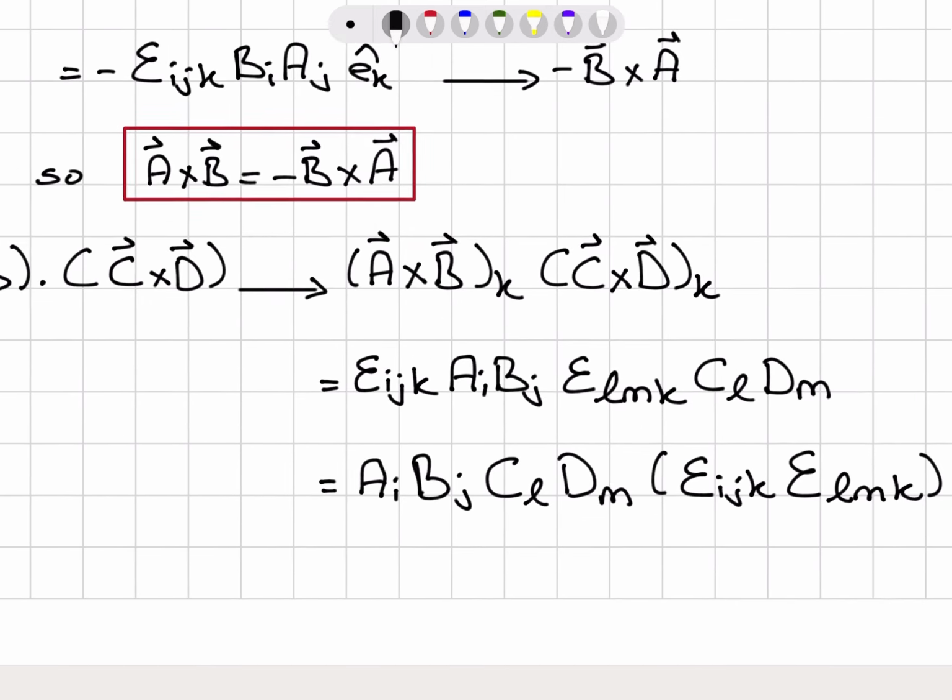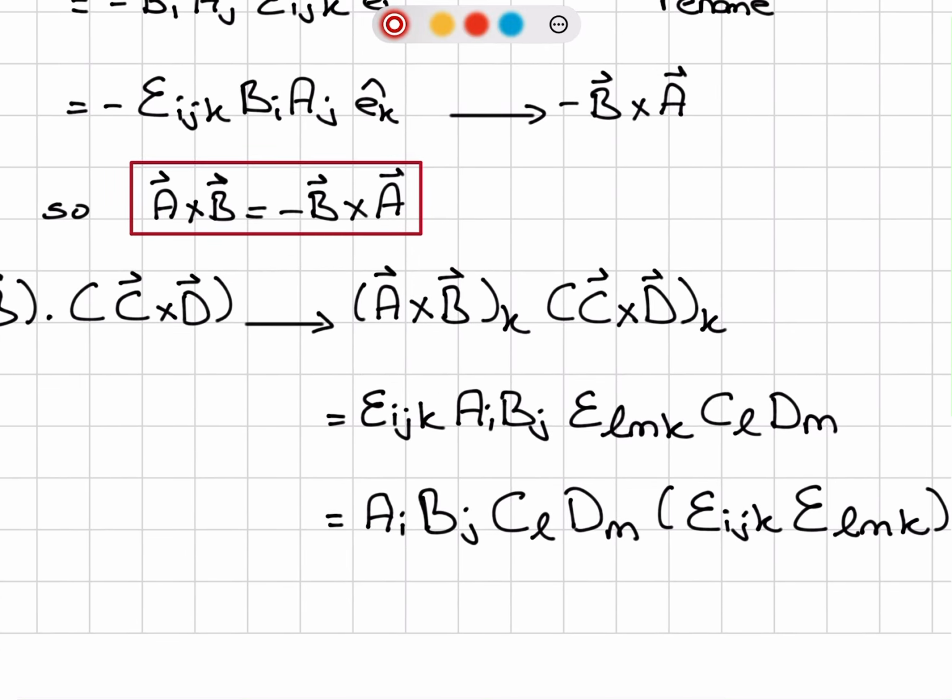Now notice that k's are in the same spot here as the last index in the Levi-Civita symbol. Now I can use the Levi-Civita identity.